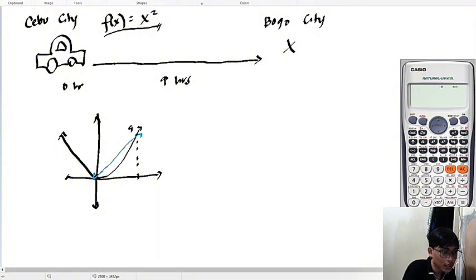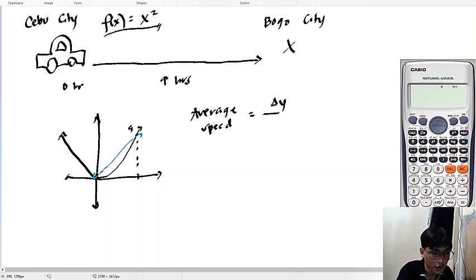And notice, at exactly 9 hours, wala pa takabawon sa iyang y. So meaning, ato ni siyang i-substitute to that function. Tama? Now, notice, if mukuha ta sa iyang average speed, di ba simply average speed, or the average rate of change of that function is simply change of y over change of x, or simply change of the distance over the change of time, diba?